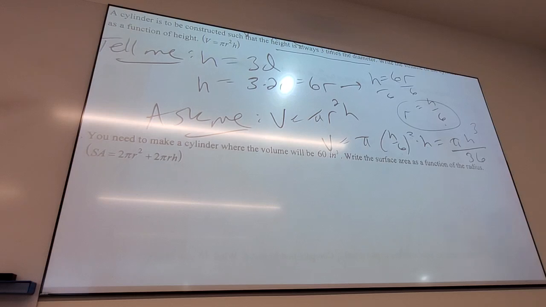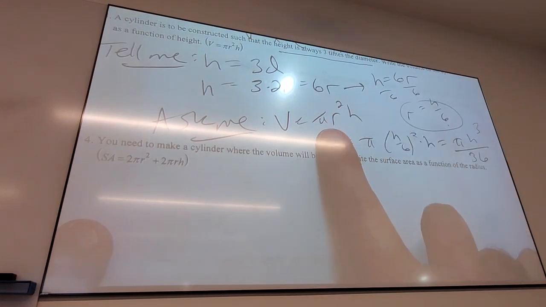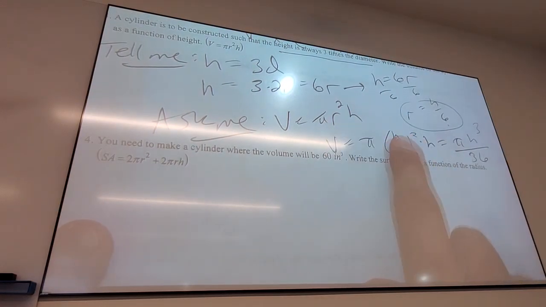And now I could do derivatives and all kinds of stuff. So all I did was plug in h over 6. I plugged it in for r. I squared it. I got h squared times h is h cubed. 6 squared is 36.